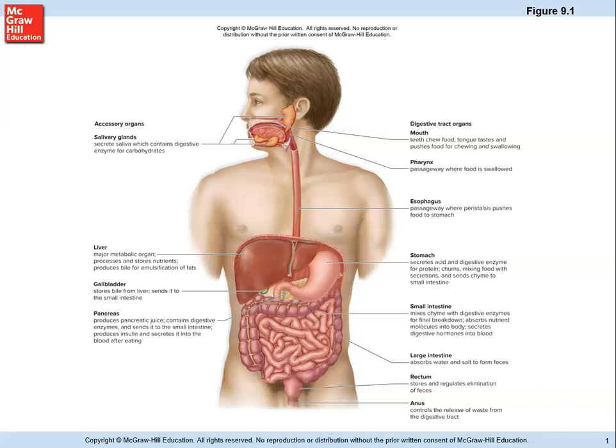You've perhaps never paid a whole lot of attention to your tongue, but ask yourself, what is your tongue doing while you're chewing food? So here's another piece of the puzzle. Because you're chewing, the teeth are mechanically digesting food, chopping it up into smaller pieces. But the tongue is also assisting with both mechanical and chemical digestion. The next time you're chewing something in your mouth, pay attention to what your tongue is doing.